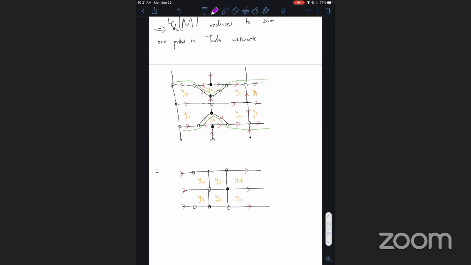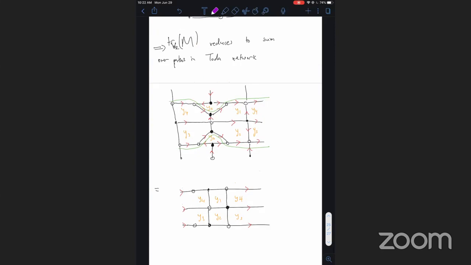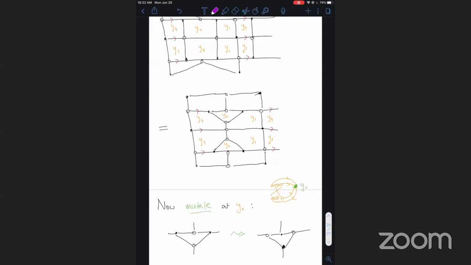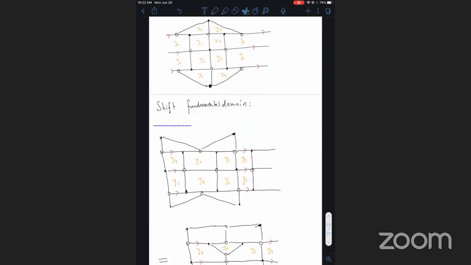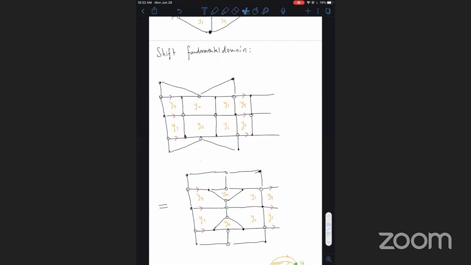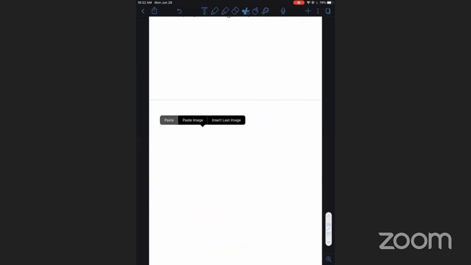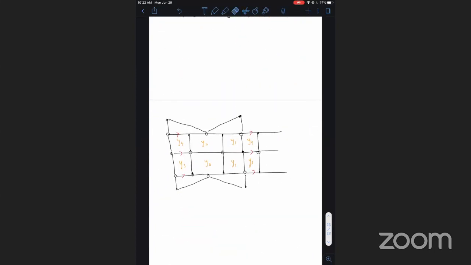Sorry, Gus, but can you write down just a formula for M as a product of some matrices? Of course, yeah. So if one simply wishes to do that, one can ignore these boundary pieces of the graph.